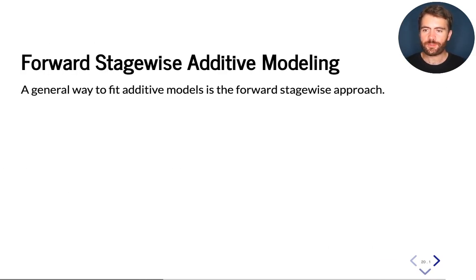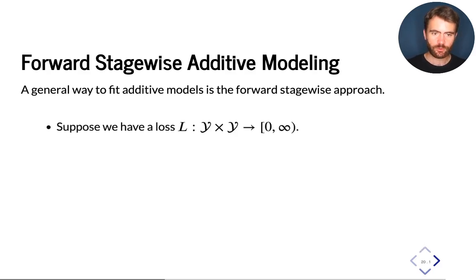But this also happens to be an instance of a more general framework, which is called forward stagewise additive modeling. This approach is a general way of fitting any kind of additive model with any kind of set of base learners and various kinds of objectives. And boosting algorithms can be recovered as a special case of this framework.